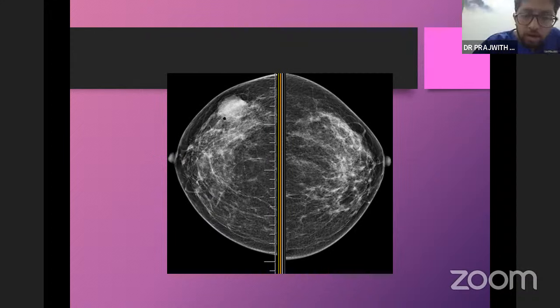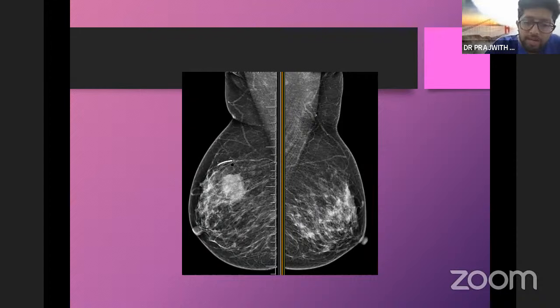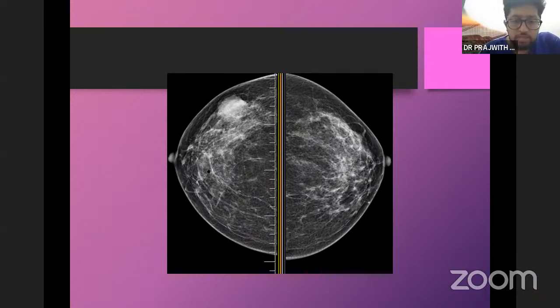So you are seeing a partially ill-defined mass lesion with an irregular border, seen on the outer aspect on the craniocaudal view and the superior aspect on the mediolateral oblique view. So it is in the upper outer quadrant of the breast with ill-defined margin, irregular surface. What do you think it is?